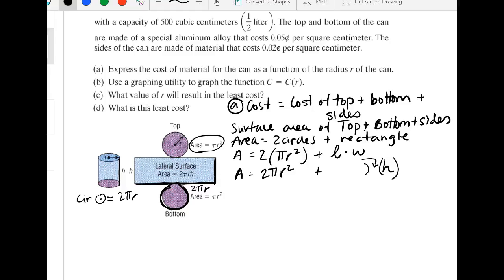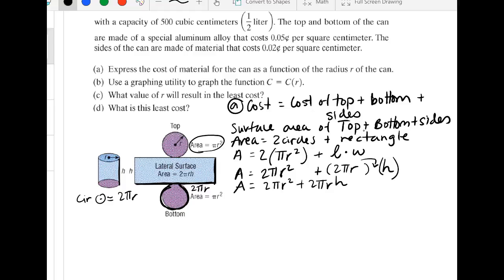So instead of writing length, I need to write 2 pi r. And if you remember the formula from geometry, I'm perfectly okay with that as well. So when I simplify this out, I should have 2 pi r squared plus 2 pi r h. This is just the surface area of the can.